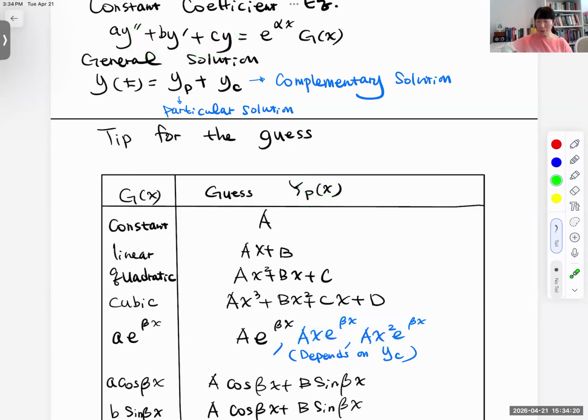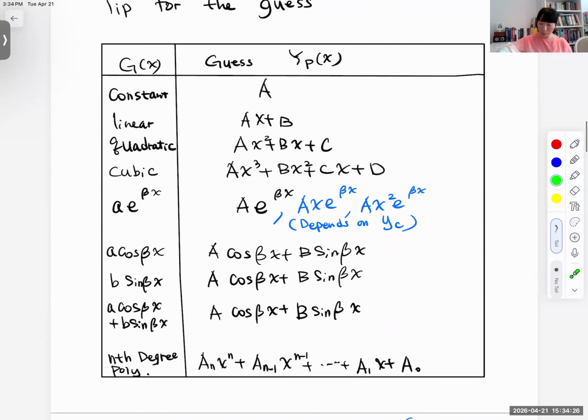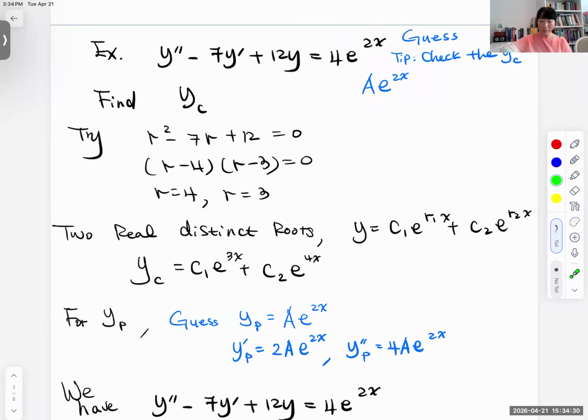Please review the video 5.4. Okay, now let's move on. Look, we have the linear second order equation on the left-hand side, and we call the right-hand side g of x.